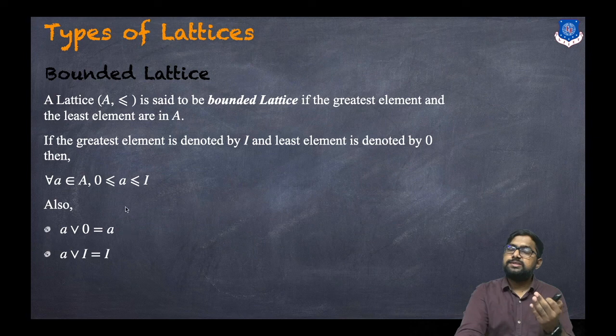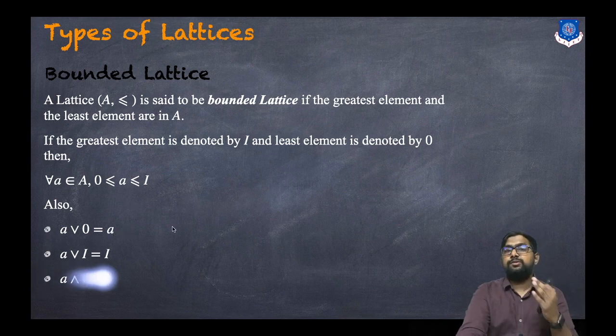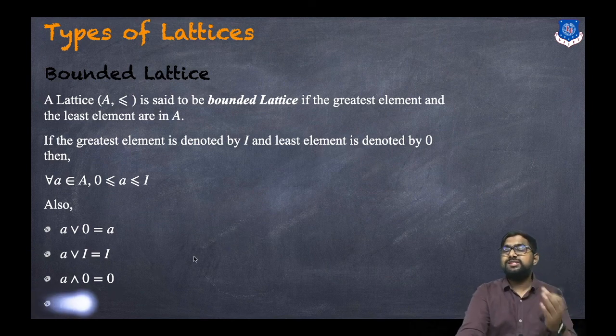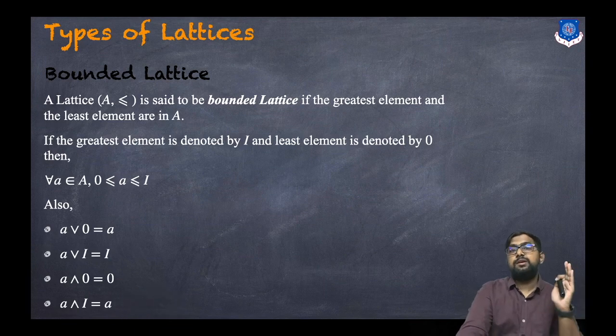As I is the greatest element of the whole graph, the answer will be I. Then a ∧ 0 is the greatest lower bound of a and 0. Since 0 is the least element, it will be 0. In the same manner, a ∧ I will be a.